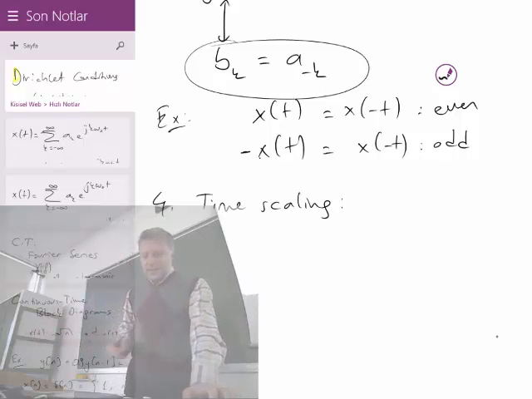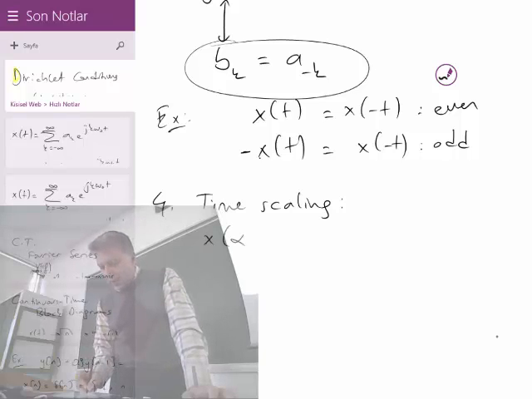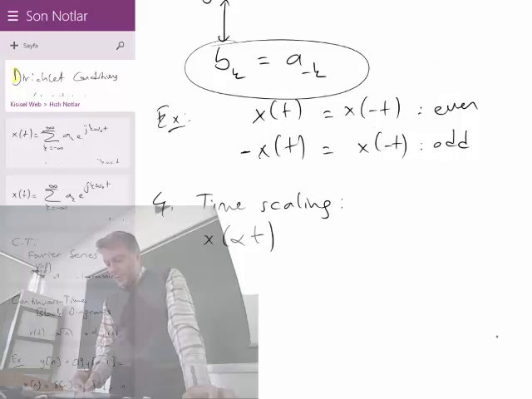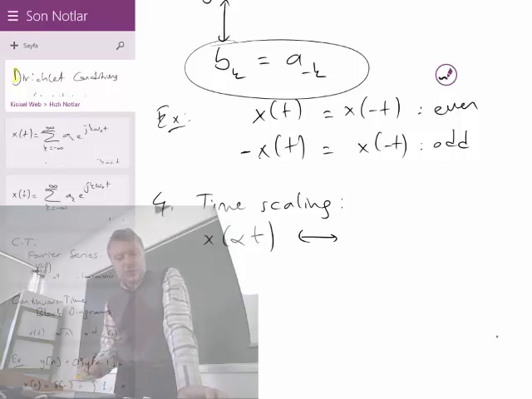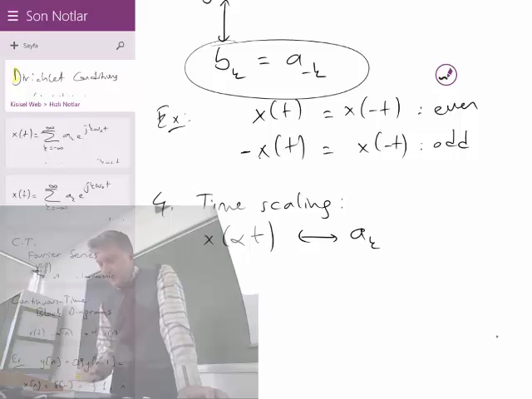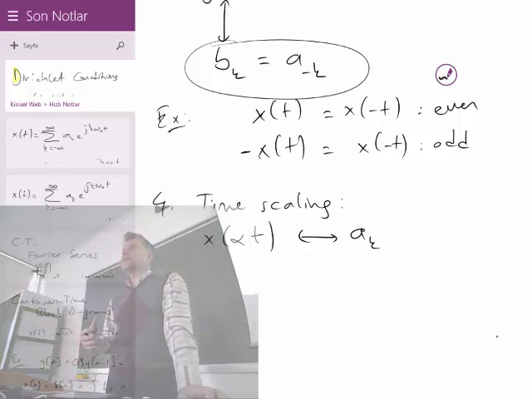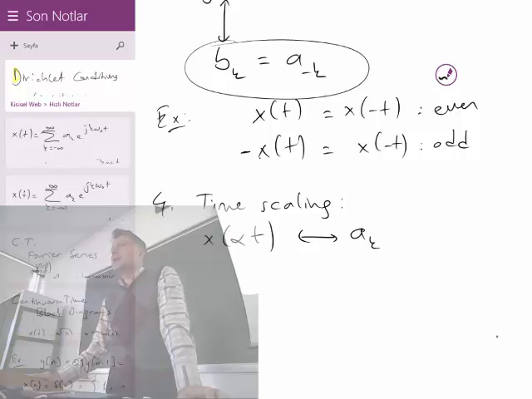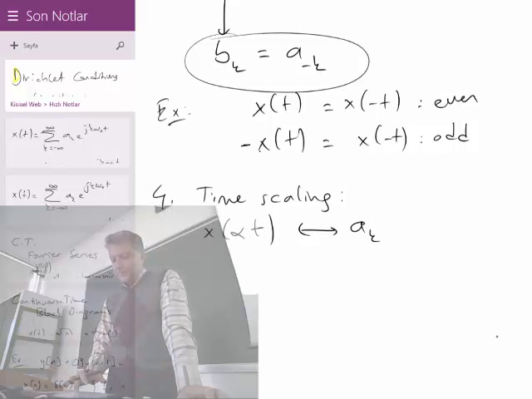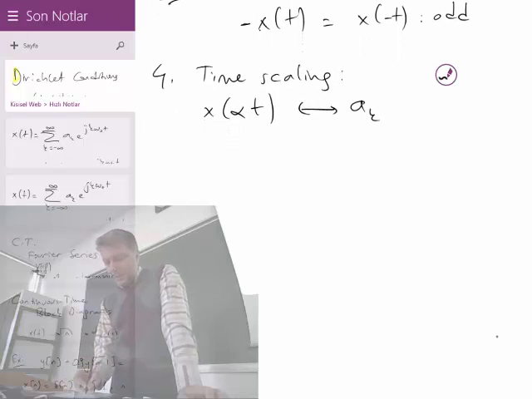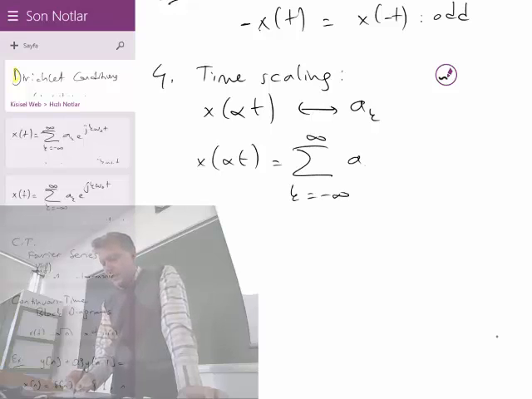So in fact, if you have x of alpha t, the Fourier series coefficients of this one will not change. It will again be ak. The Fourier series coefficients don't change by scaling in time. Changing the frequency, it means. Because x of alpha times t will be represented like this: the sum over k from minus infinity to infinity of the same ak e to the j k omega 0 times alpha times t.